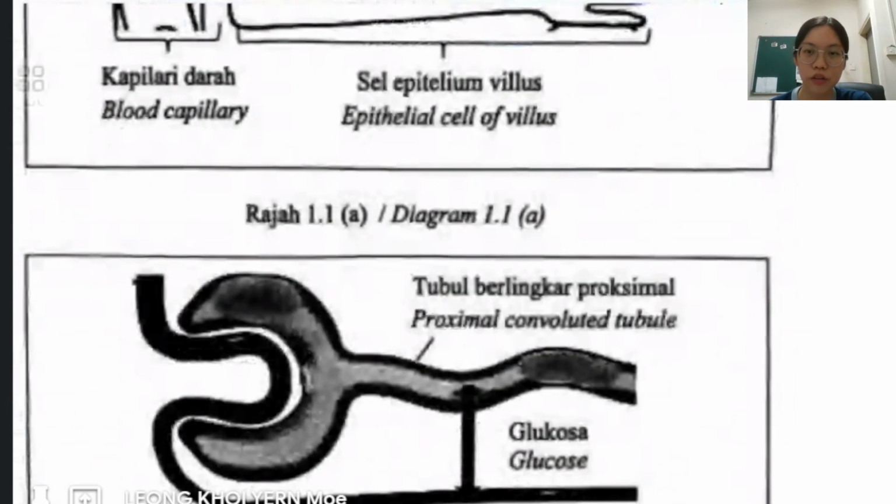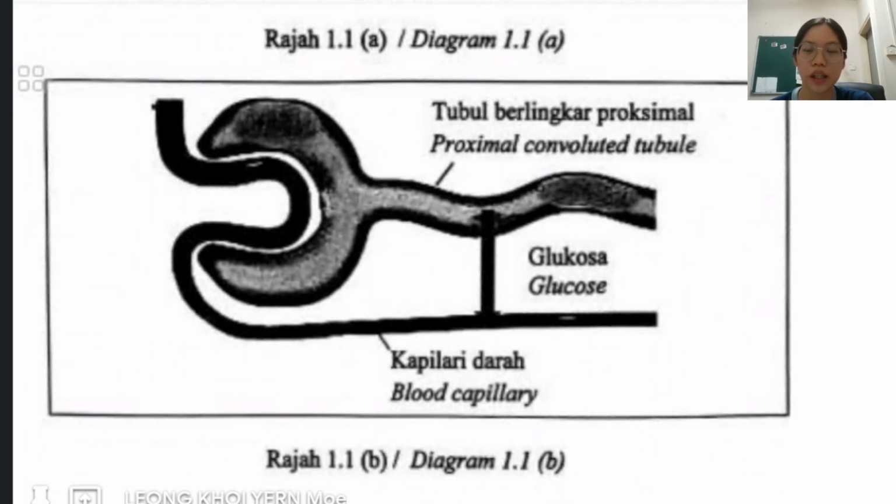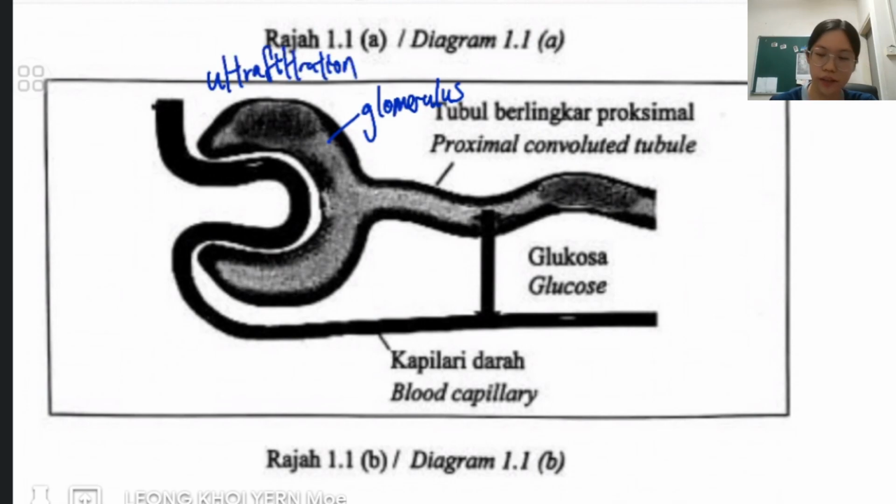Meanwhile, this is actually the glomerulus, and in this situation ultrafiltration occurs, and then reabsorption occurs. During this process, the glucose is 100% absorbed into the blood capillary. 100% means it is completely absorbed.